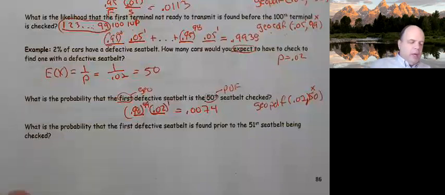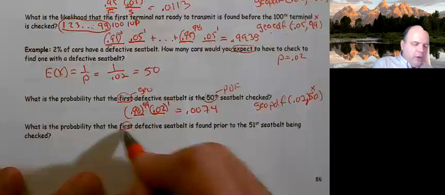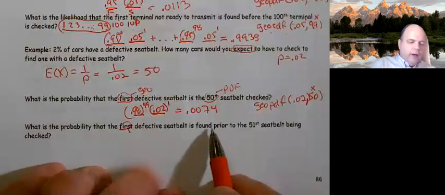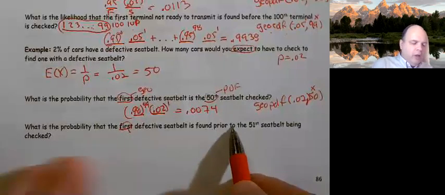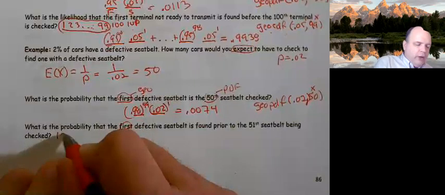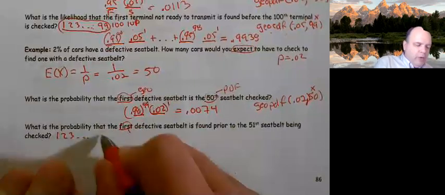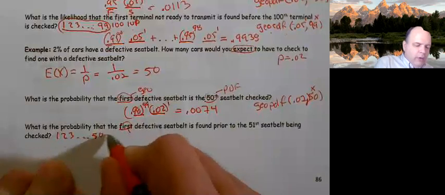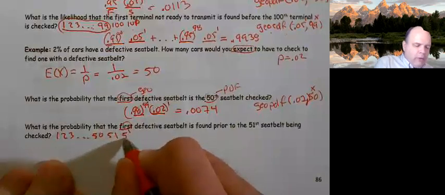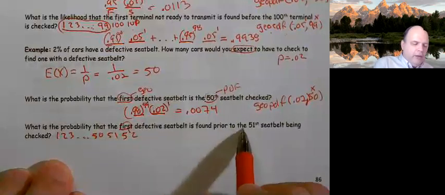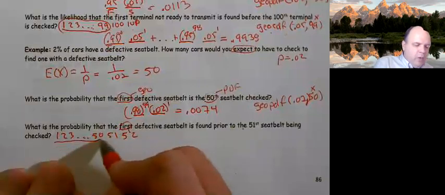The next one, what's the probability the first, so this lets me know we're working with a geo, is found prior to the 51st one. So that means it could be the first one, the second one, third one, and I'll always go up to one below and then one above. All right, prior to the 51st means any one of these.